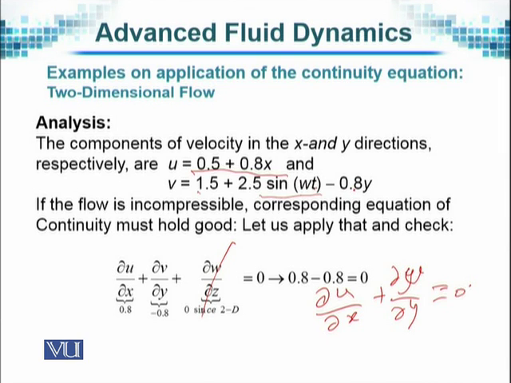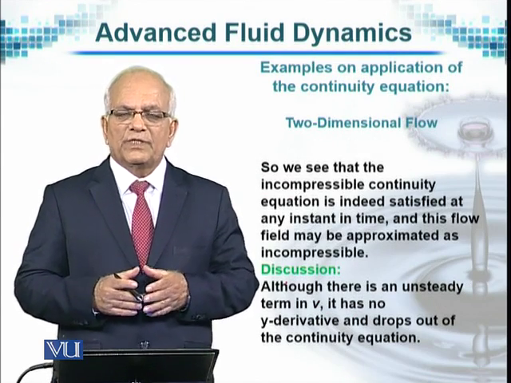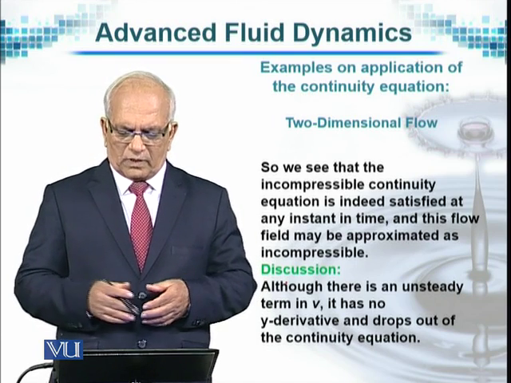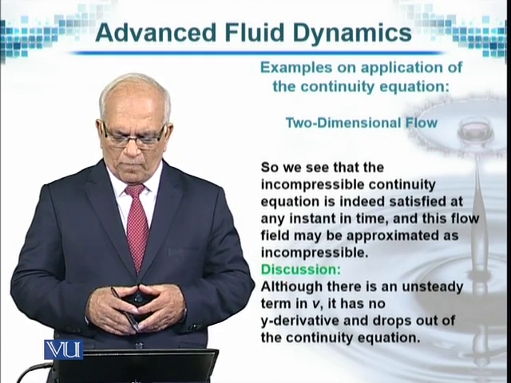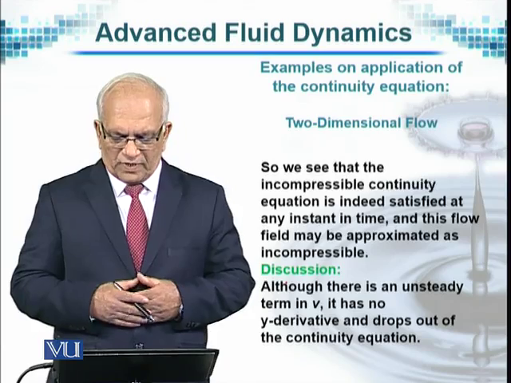And we will have minus 0.8 coming in from here, and we can see that the sum of the two will be 0, and hence the continuity equation is identically satisfied. Therefore we can observe that the continuity equation is identically satisfied for this incompressible motion and for the given condition of the flow field.